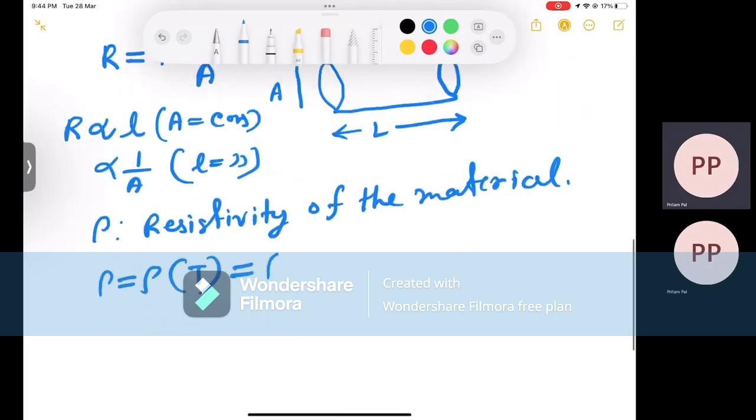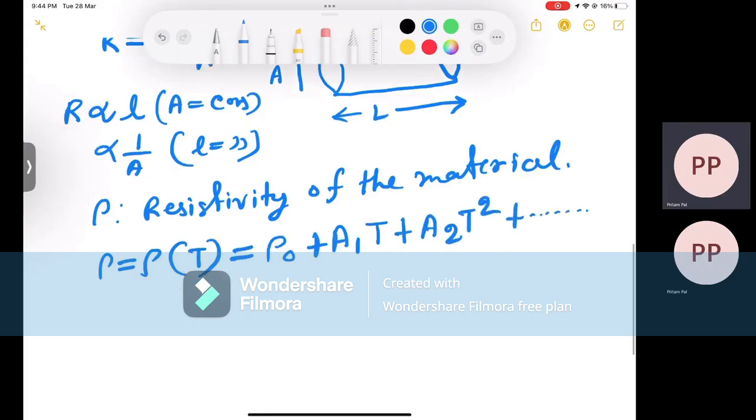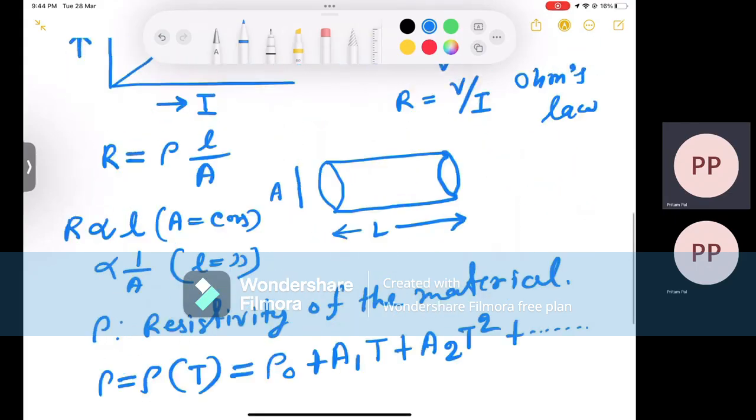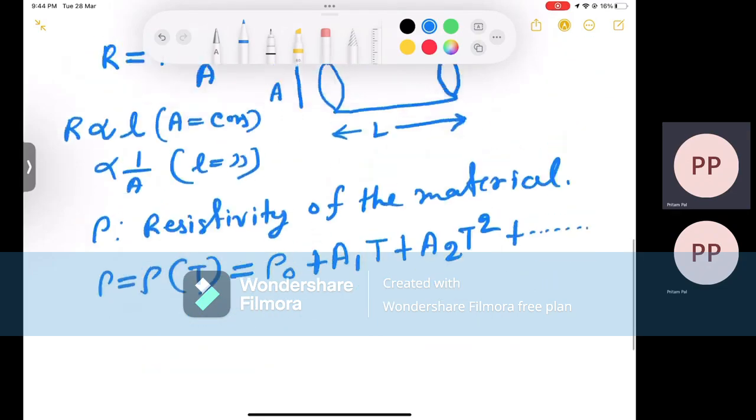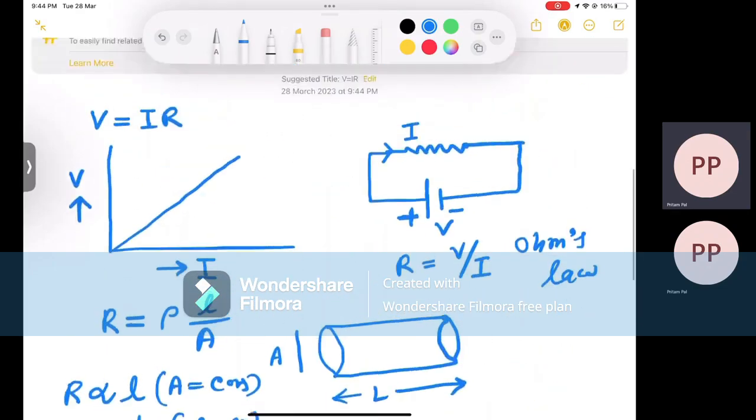It's like a power series expansion we can do: rho naught, then T, then T square. So resistivity depends mainly on the temperature of a material. Otherwise, it remains constant for a fixed material.